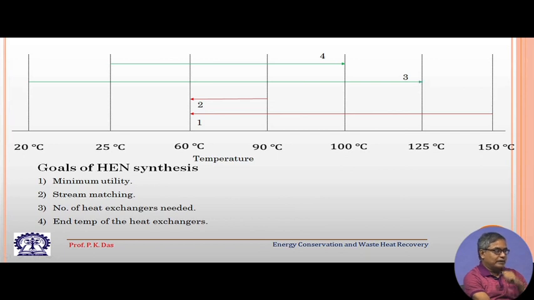So, you can see that the supply and target temperatures are different, and already I have told that the heat capacity rates are also different. And there is another thing which has been given in the problem statement, that is very important, that we have to maintain a pinch temperature of 20 degrees Celsius.